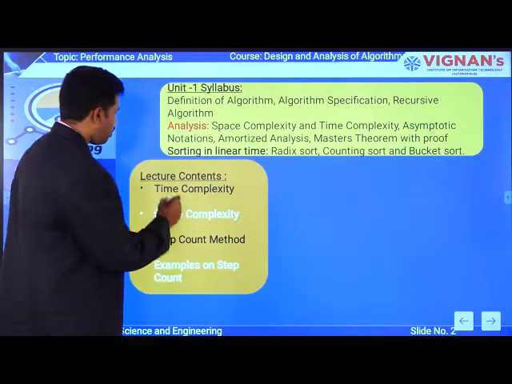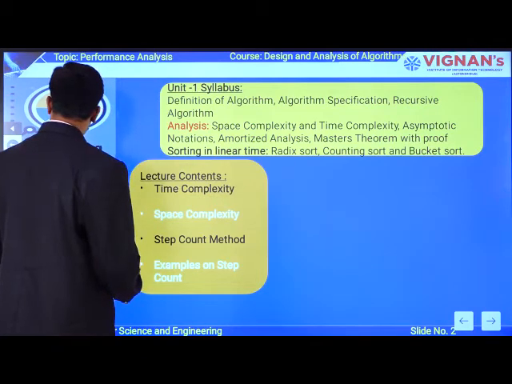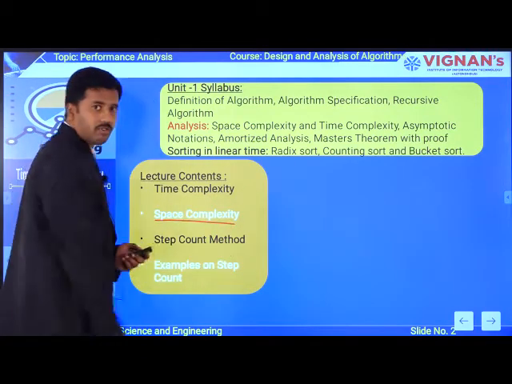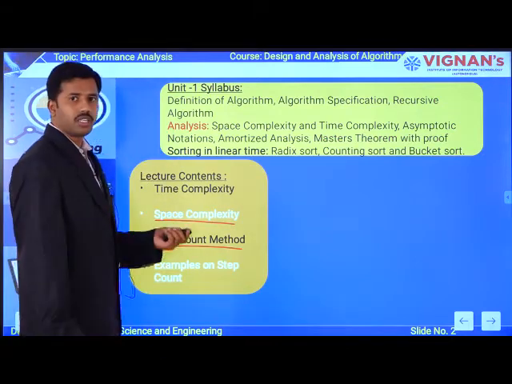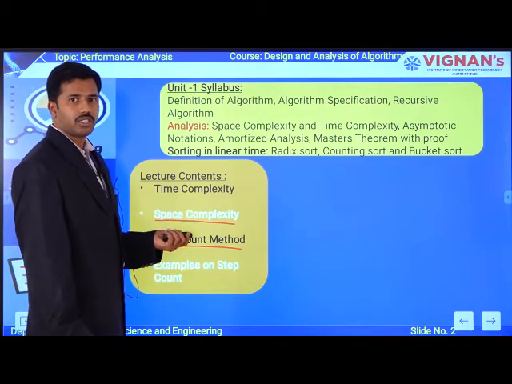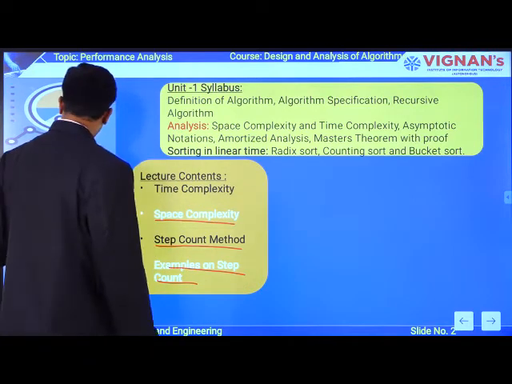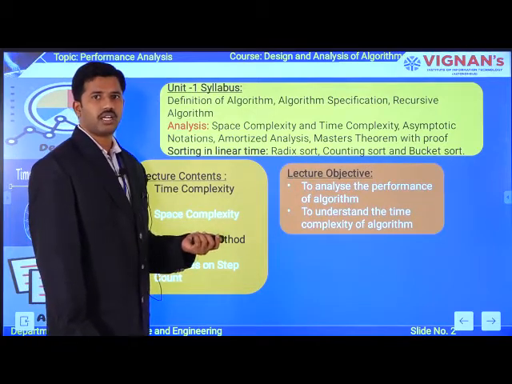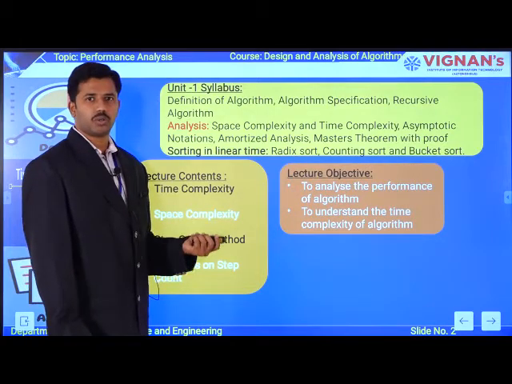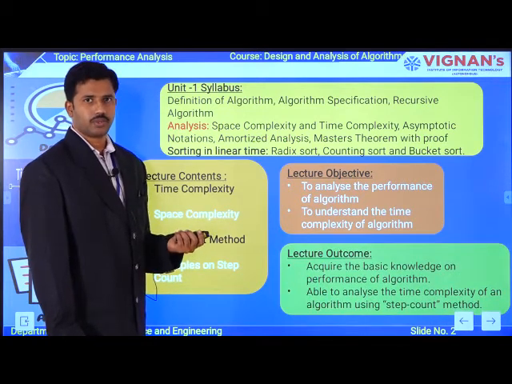Today we are going to discuss the main theme of time complexity, followed by the main theme of space complexity, followed by one method available under time complexity to measure it for the algorithm, followed by some examples on step count in detail, okay? At the end of this lecture, you are going to understand how the step count method is used to measure the time complexity of an algorithm. That is the main outcome of this lecture, okay?